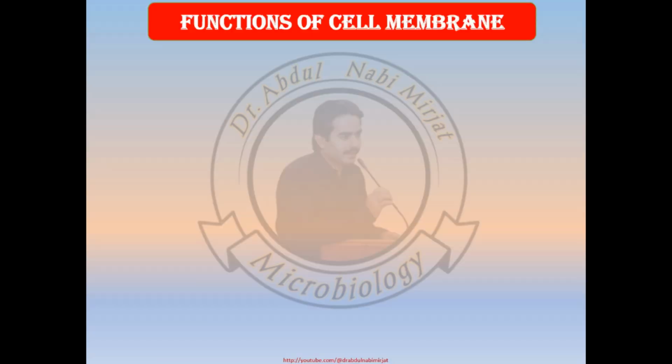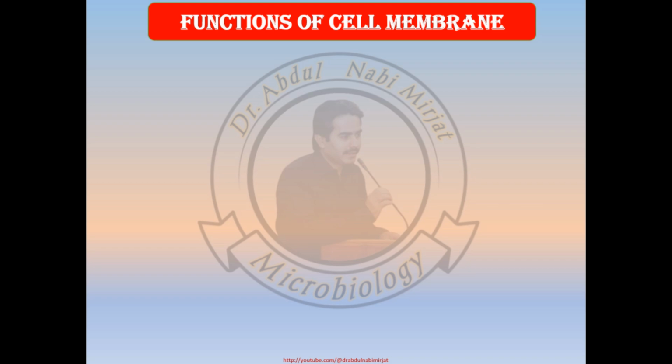Functions of the cell membrane. The bacterial cell membrane performs several functions. However, the major role of the cell membrane is the regulation of transport of materials entering and exiting the cell, meaning transport of nutrients into the cell and also transport of toxic substances out of the cell.